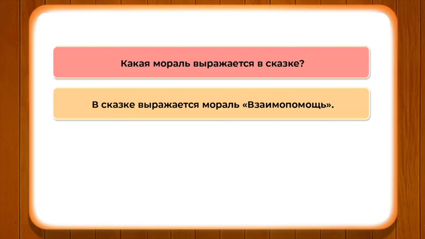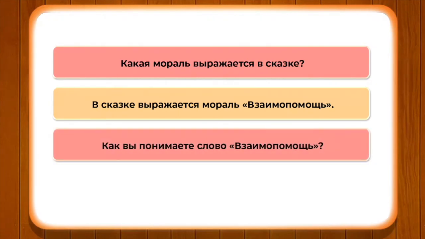Next question we had. Как вы понимаете слово взаимопомощь? So the meaning of this question is, how do you understand the word взаимопомощь, that is collaboration? So the answer can be different as per your interpretation of the word, but there is one of the versions.